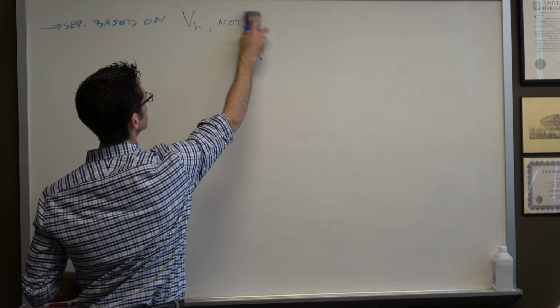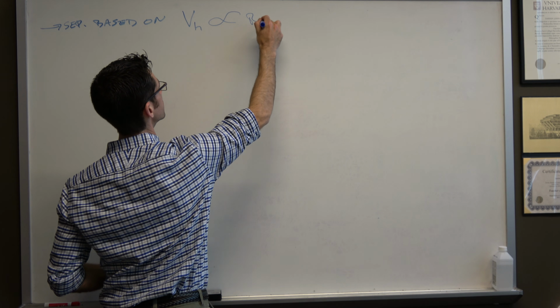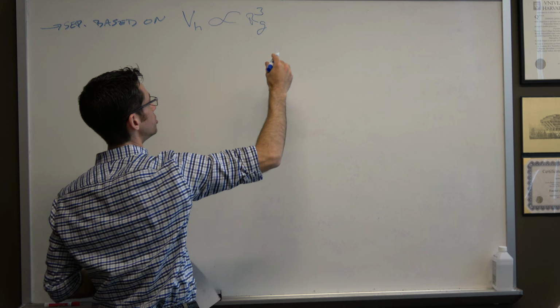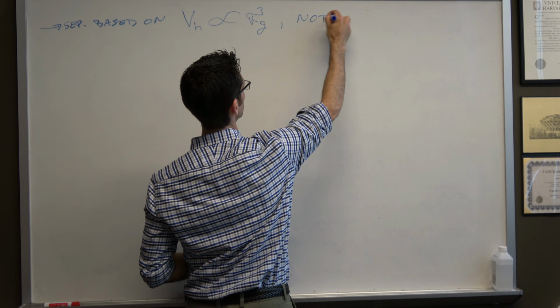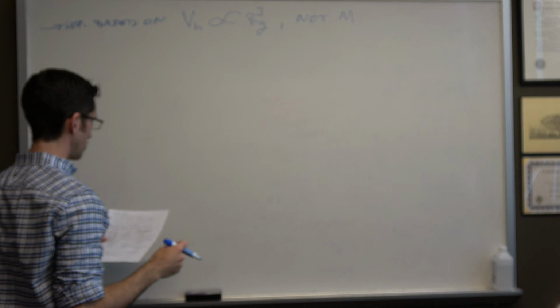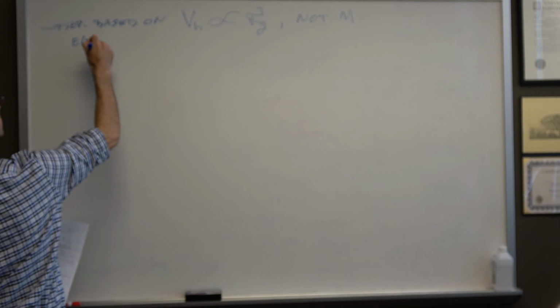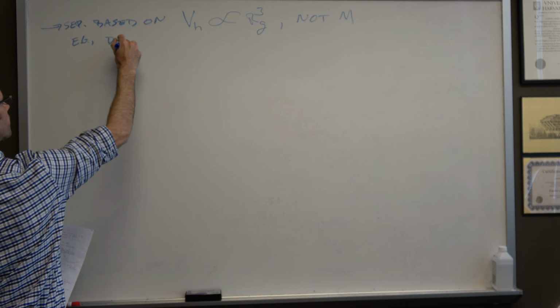So hydrodynamic volume is proportional to radius of gyration cubed, not the molecular weight. So look at different backbone rigidities.